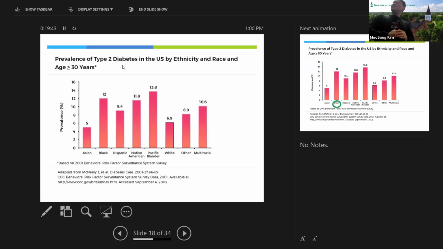So let's see this graph: type 2 diabetes prevalence by race, age more than 30 years. What kind of things do you find in terms of type 2 diabetes?